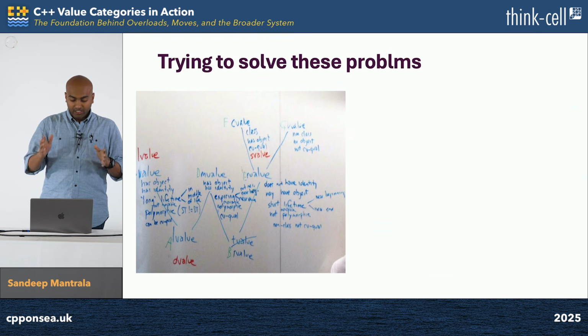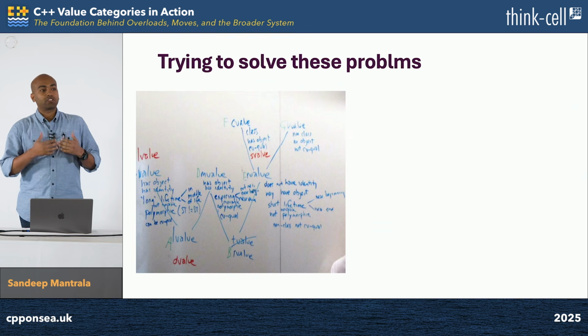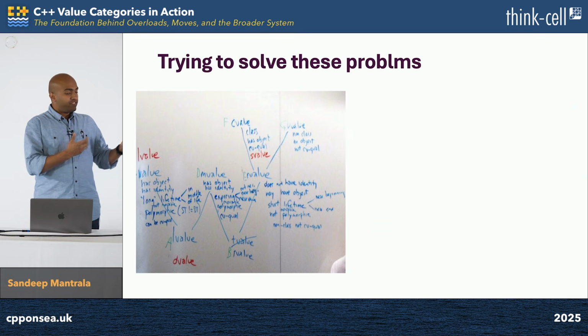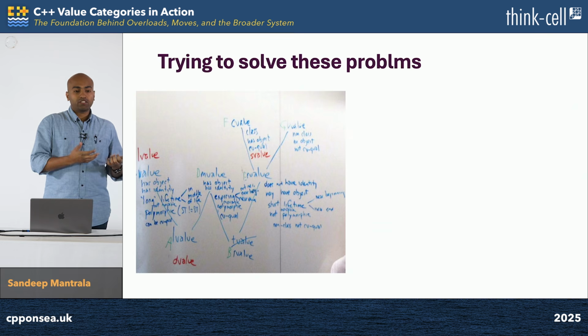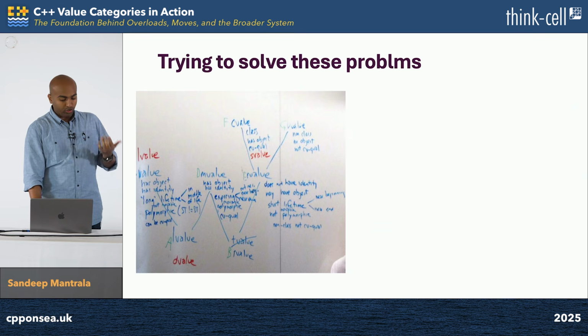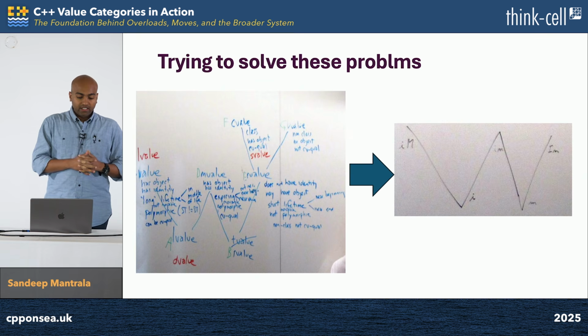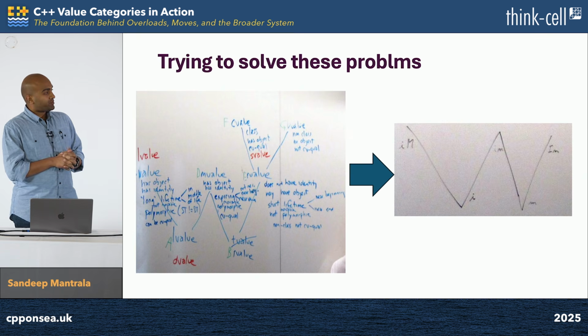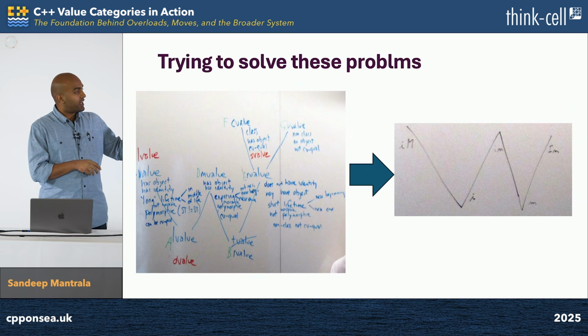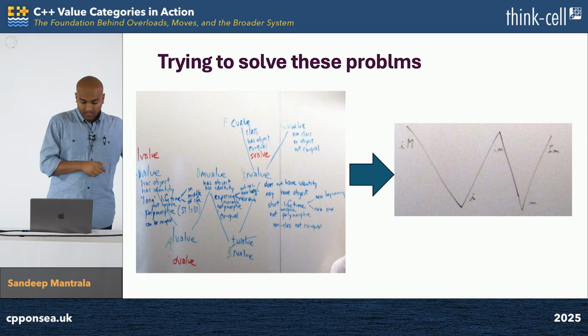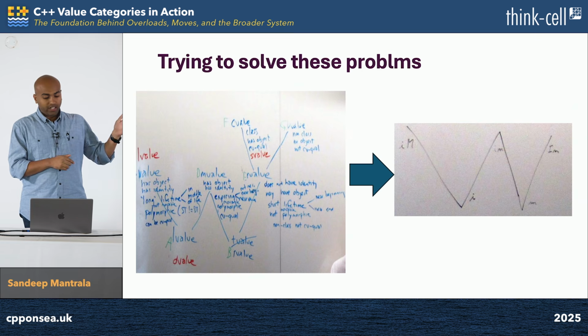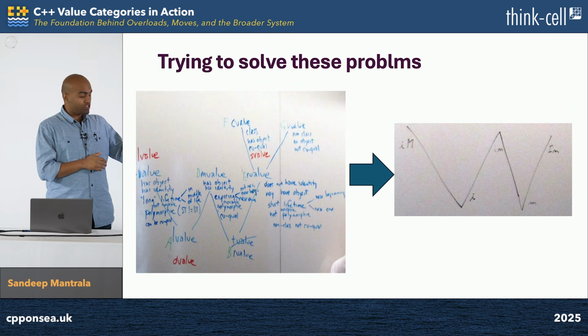So they sat down and looked at the two properties of these different value categories that we need to focus on, and then they came up with this diagram. It clearly tells us that we have two properties, I and M. I stands for identity, and M stands for the movable nature of it.